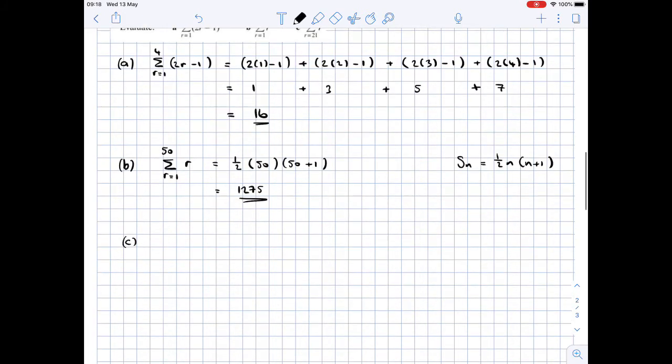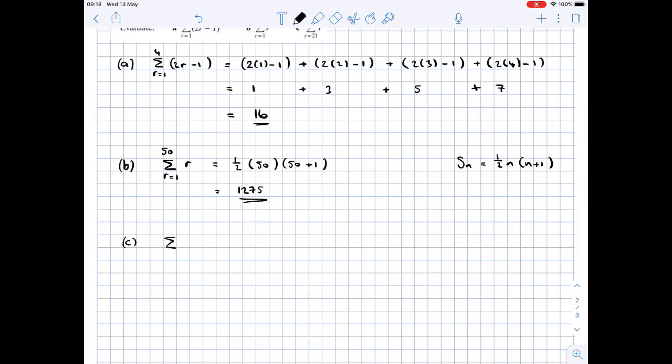Part C. We want to find the sum of the 21st term to the 50th term. Now, we can think of this as being, if we have 50 terms, so the first term, the second term, the third term, all the way up to the 20th term, 21st, 22nd, all the way up to the 50th. And what we want to find is the 21st term to the 50th term.